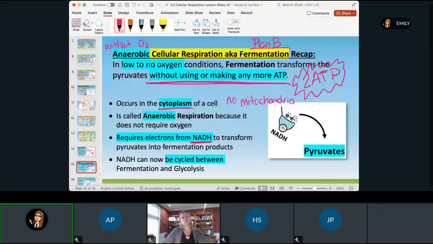Okay? Now NAD will be cycled between fermentation and glycolysis. So now NADH and NAD plus are in a constant cycle between fermentation and glycolysis until your body gets enough energy again and we go back to plan A.